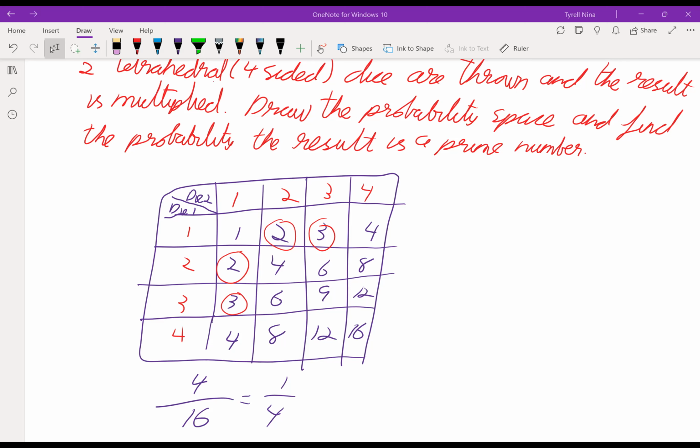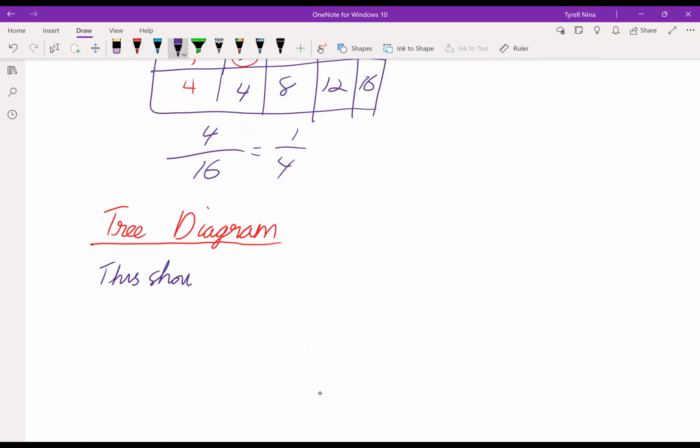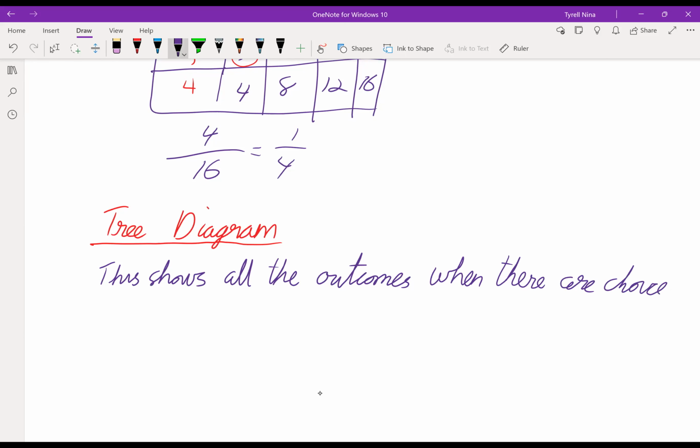The last thing in probability we have to do is everybody's favorite thing, multiverse theory, right? No, tree diagram. Now, this is just basics to multiverse theory. It just shows all the outcomes when there are choices.